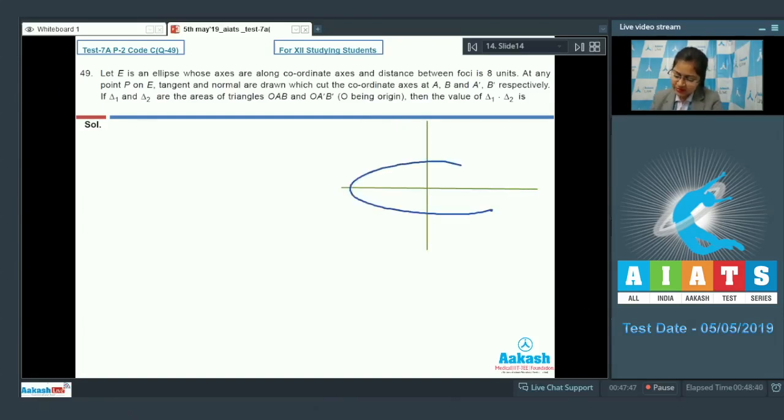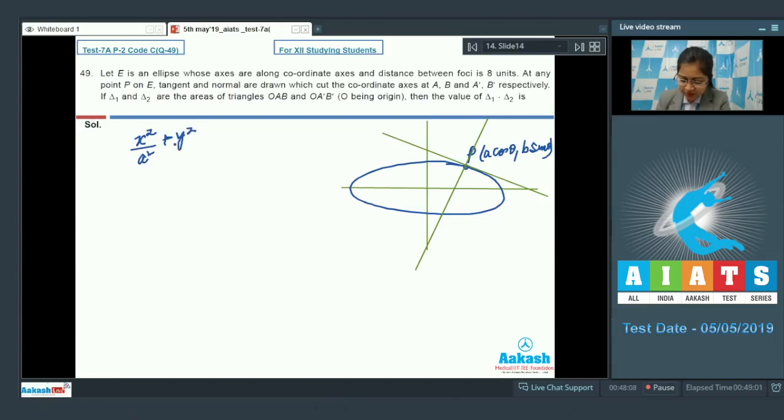Let us say this is an ellipse and here is a point P on it. This is a tangent and this is the normal. So the point P is (a cos theta, b sin theta), as we have taken the ellipse as x square upon a square plus y square upon b square equal to 1.